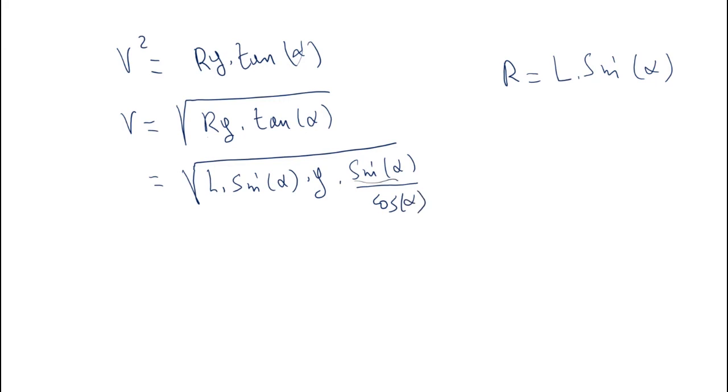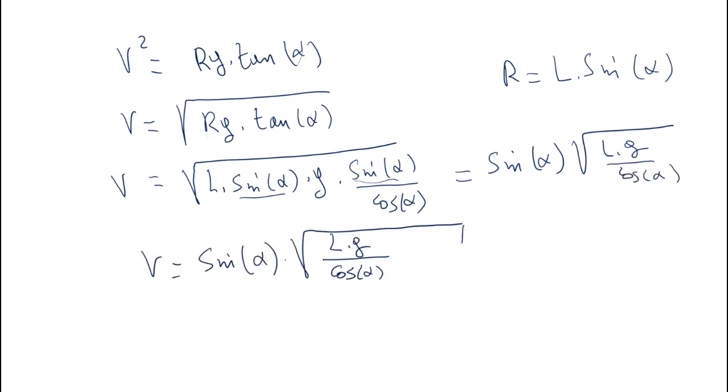Then sine of alpha times sine of alpha will be sine of alpha squared. The square root will be just sine of alpha times the square root of the length of the wire times acceleration of gravity divided by cosine of alpha. This is what will be the speed.